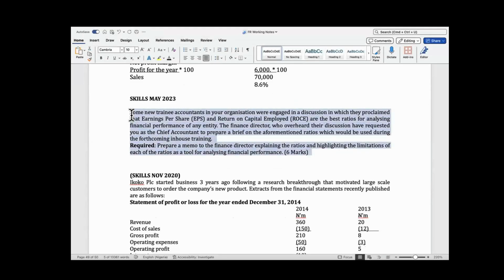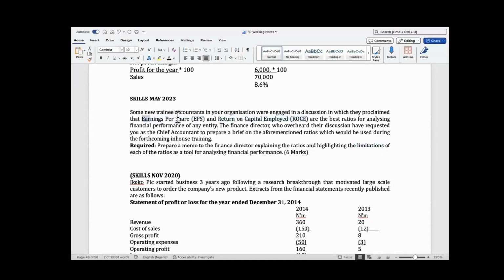I think you should try this also as your assignment. I would also provide the solution. So we have looked at EPS, the definition, we have looked at ROCE. I'm not sure we mentioned anything around their limitations. So you can research on that. They have some very clear limitations.